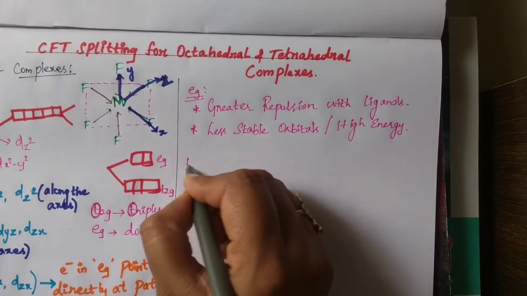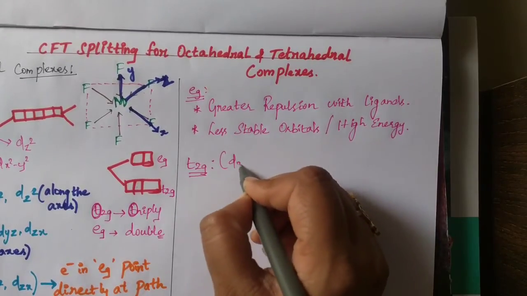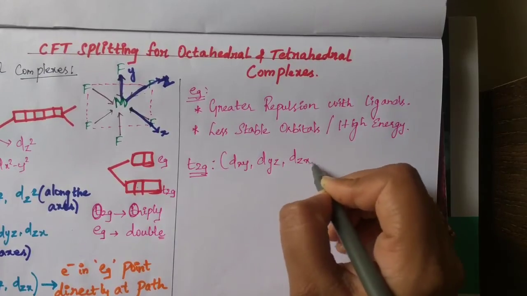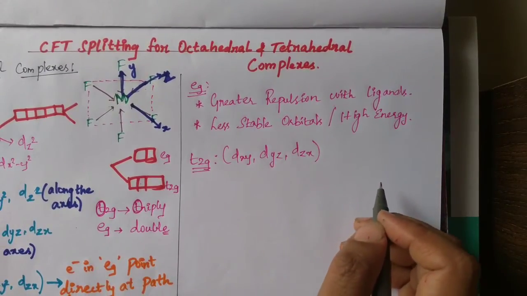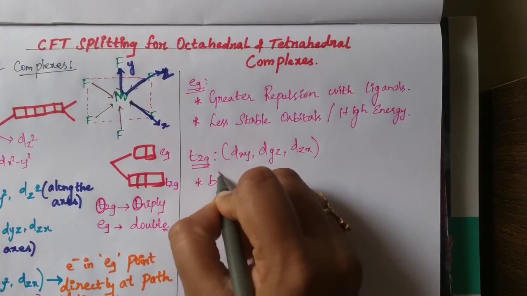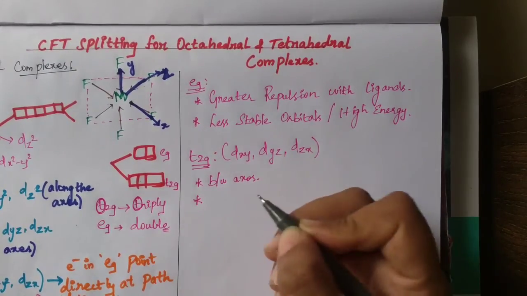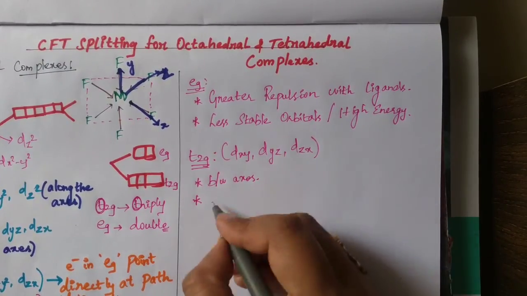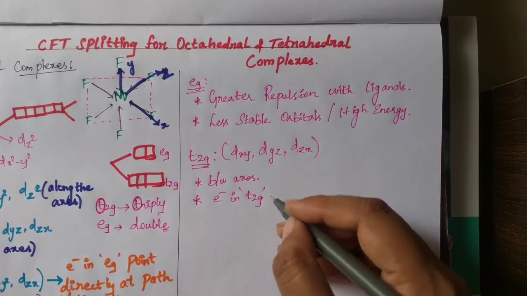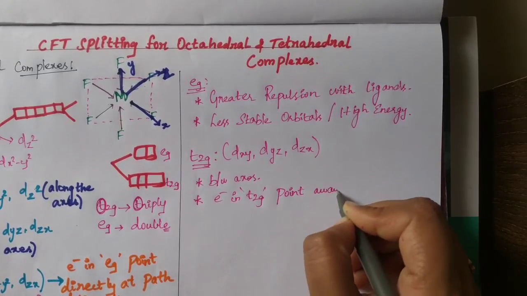Next, the T2g level. What are the three orbitals? dxy, dyz, dzx. Where are they present? Between the axis. That's why they are far away from the ligands. So electrons in T2g point away from ligands.